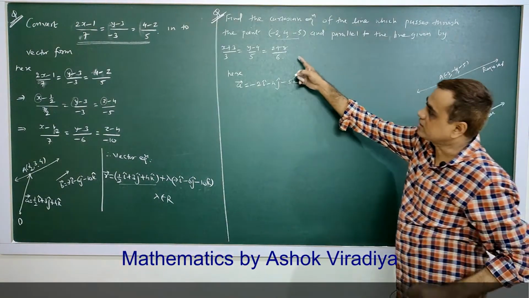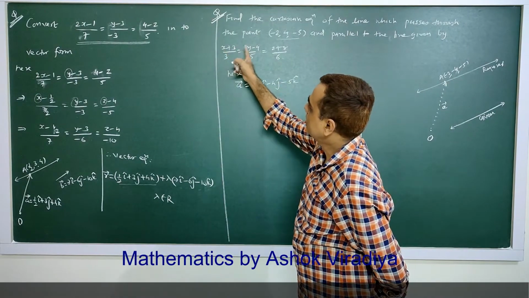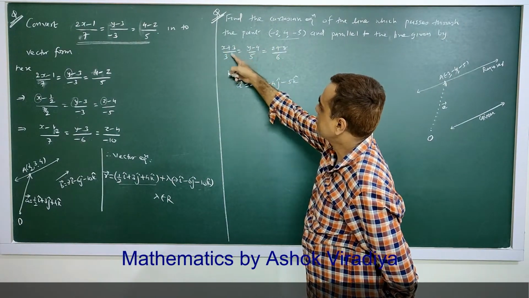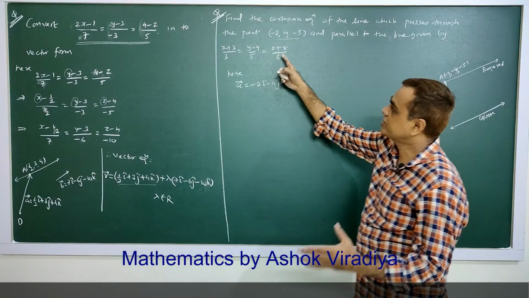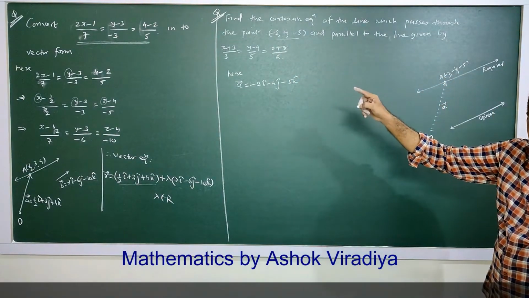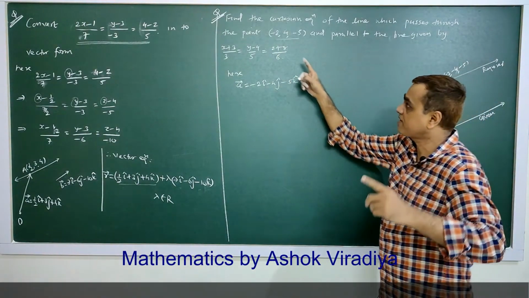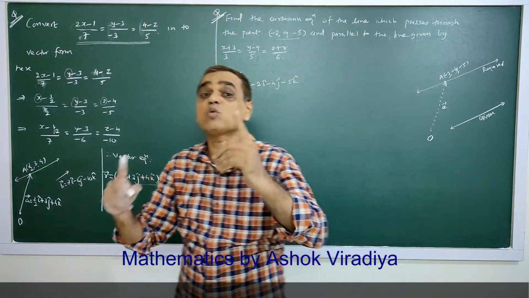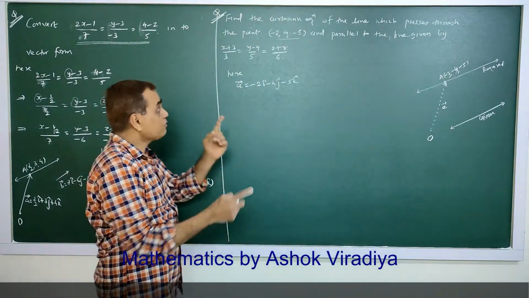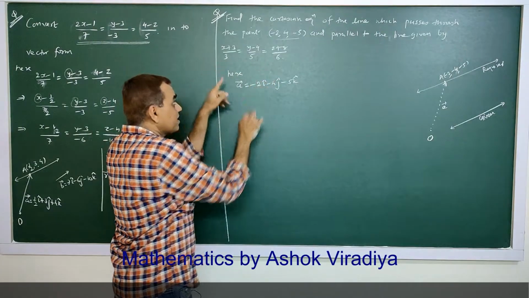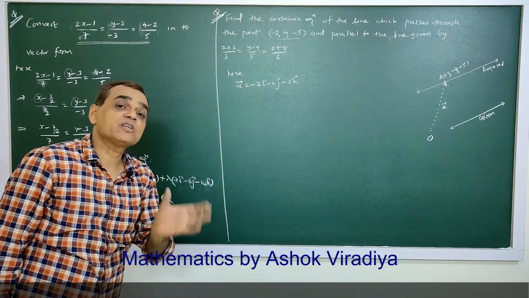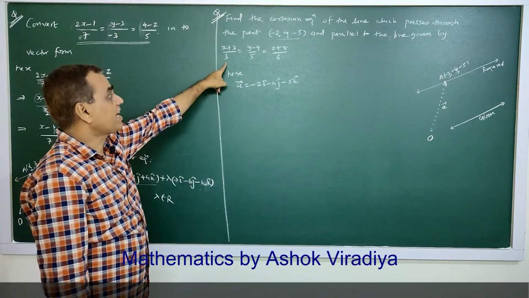Now check the equation. Here x, y, z, the coefficients of x, y, z are 1. If coefficients of x, y, z in the numerator are 1, 1, 1, then the triplet which you see in the denominator gives direction ratios of this line.